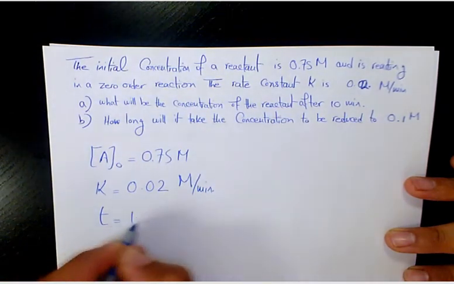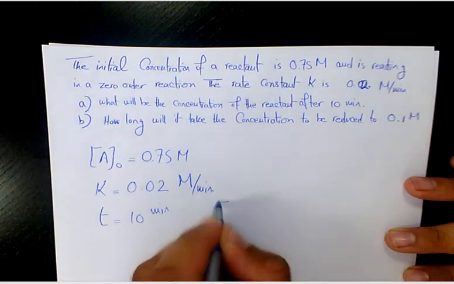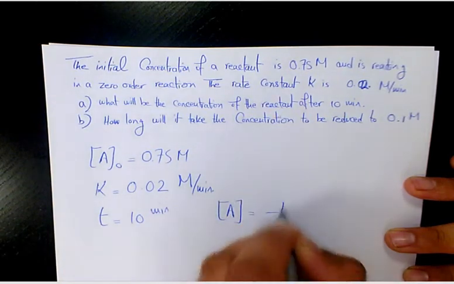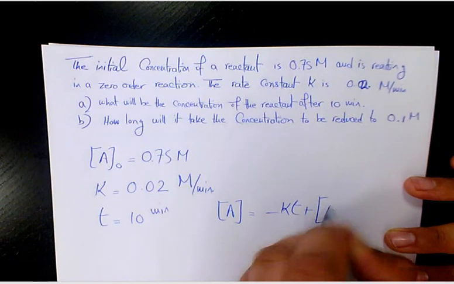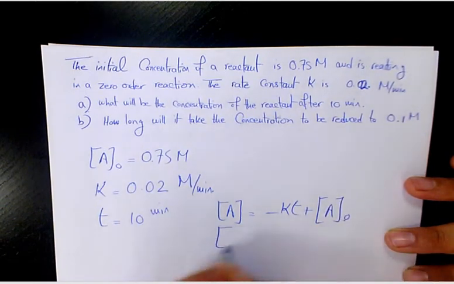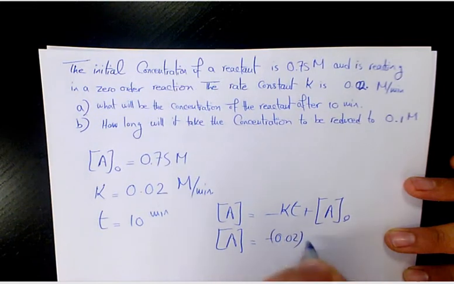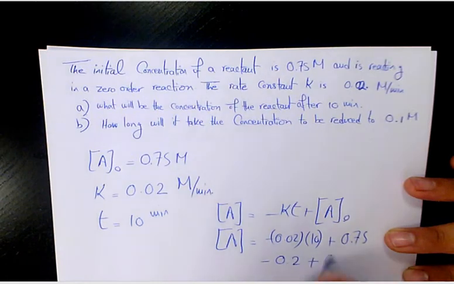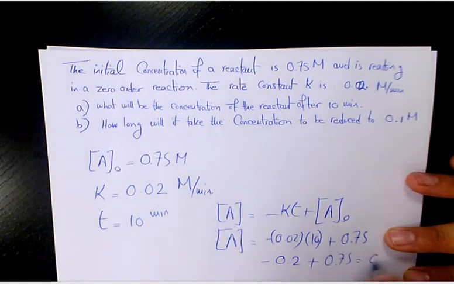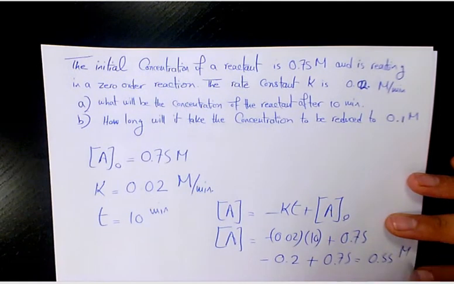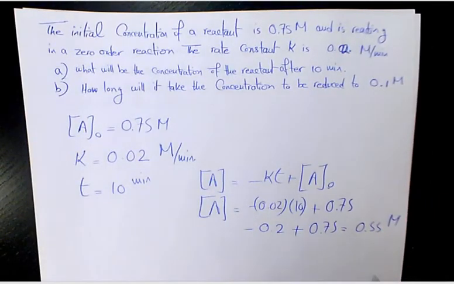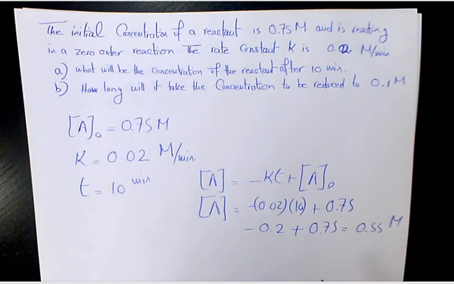So after t equals 10 minutes, we're going to say A equals negative kT plus initial concentration. So it's going to be A equals negative 0.02 times 10 plus 0.75. So that's going to be negative 0.2 plus 0.75. That's going to be 0.55 molar. So that's going to be the concentration of A after 10 minutes.